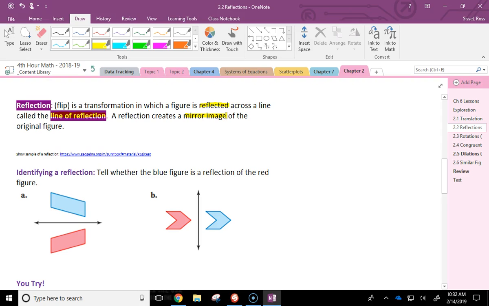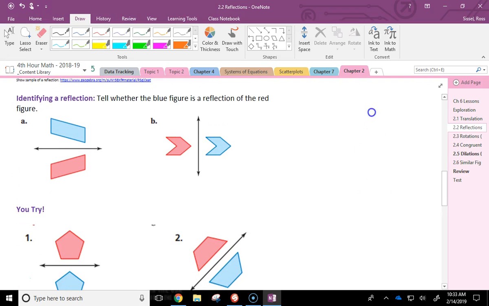Because if I had a line of symmetry like this, and let's say I had this shape, it could be that. With line of reflection, it'd have to be something like that. It's a great question, though. Yeah, just leave that. No, I'm not sure what I want to do there.